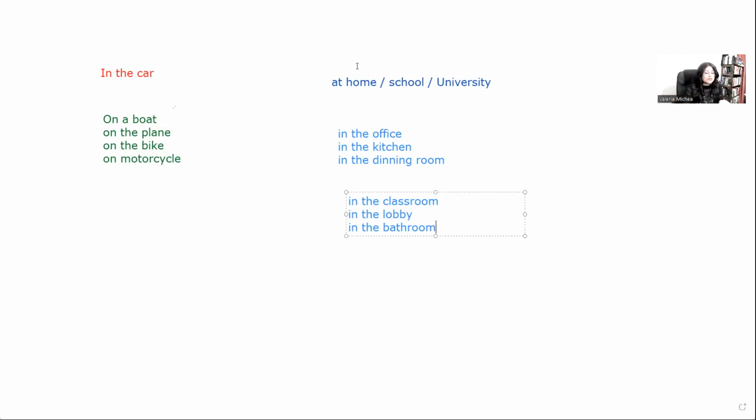But if I want to be specific about the place, I will say that I am in the kitchen, I'm in the balcony, etc. So this kind of reverts the meaning of at as being the most specific one. But that's how prepositions work. They are tricky. There's always an exception to the rule.